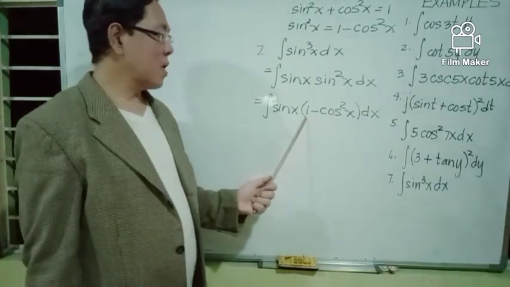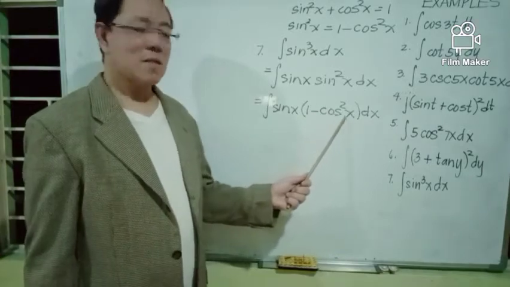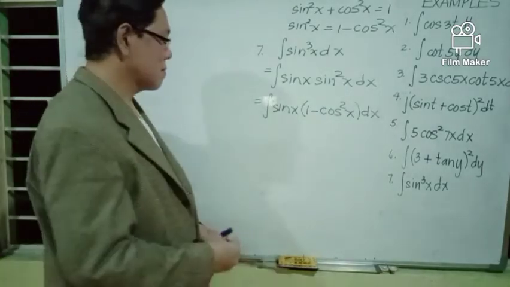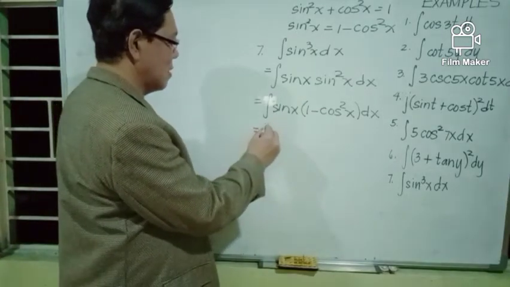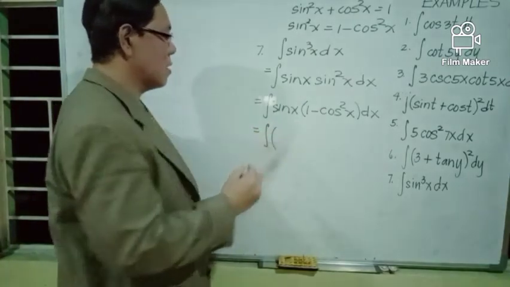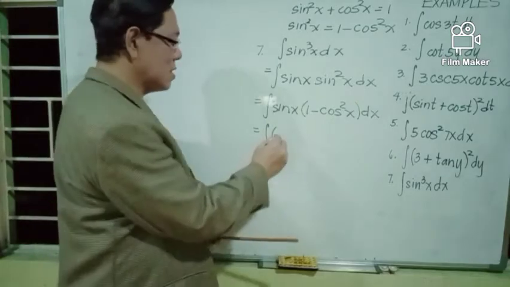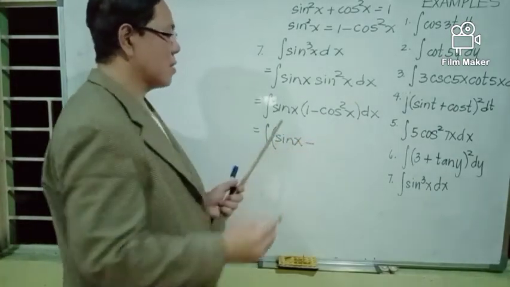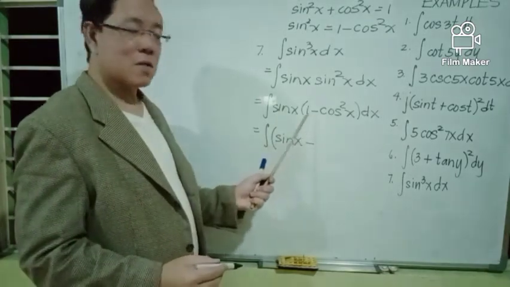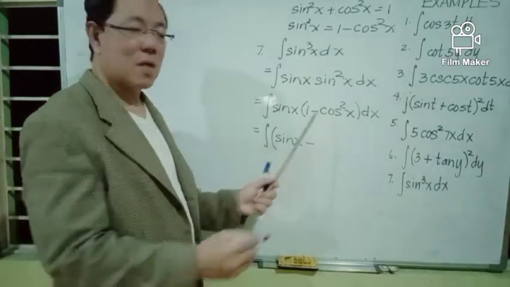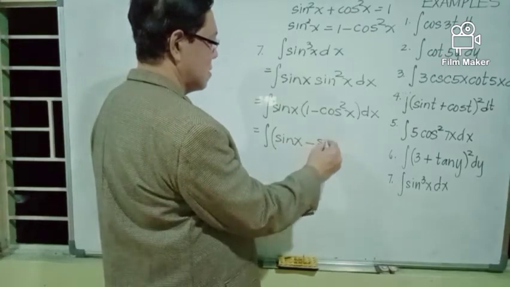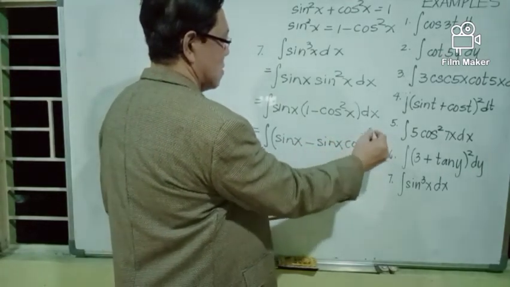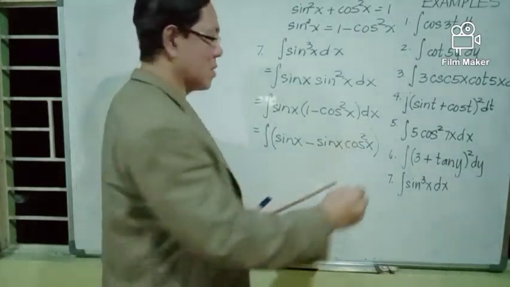We multiply 1 and negative cosine squared x by sine x. We get the integral of sine x multiplied by 1 is sine x, minus sine x multiplied by cosine squared x. We integrate with respect to x.